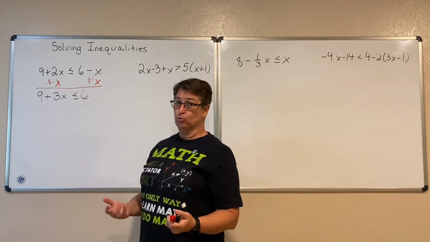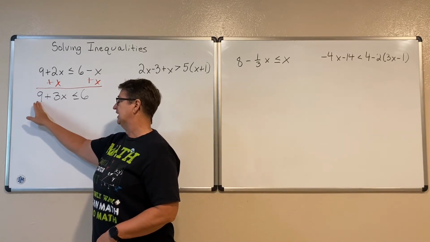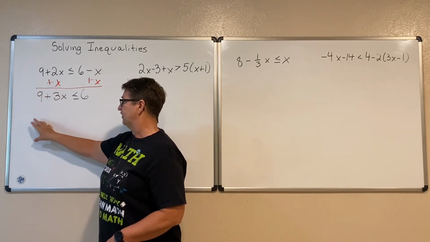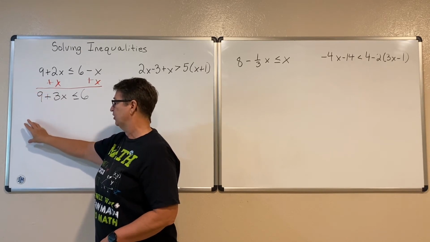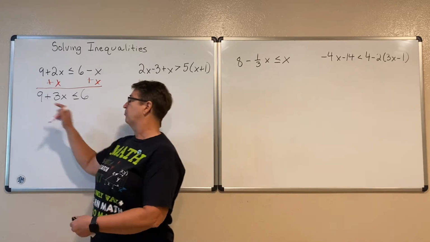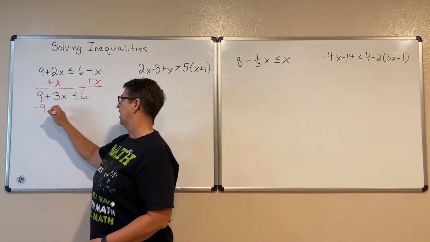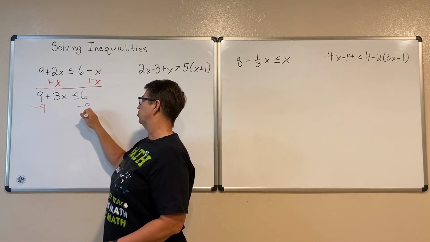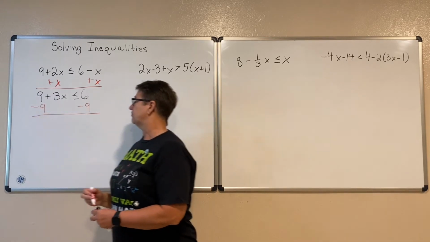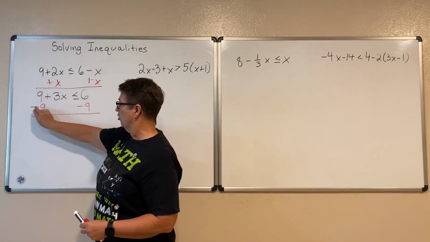Now, just like if it was an equation, I'm going to look for that guy that's not clinging, and I'm going to move him. I'm going to make a 0 here to move him to the right. So right now he's a positive 9. If I subtract 9 from both sides of my inequality, then I'm going to, again, make a 0 here.